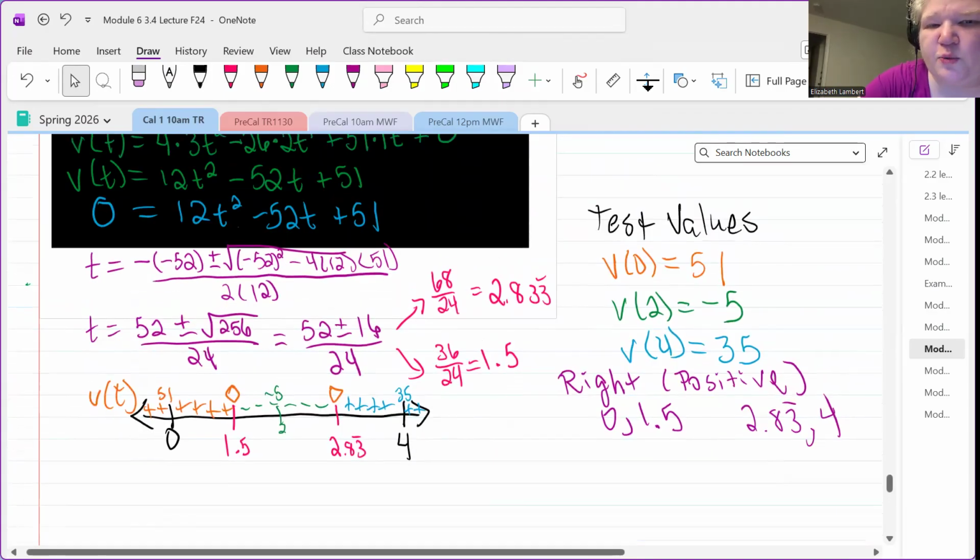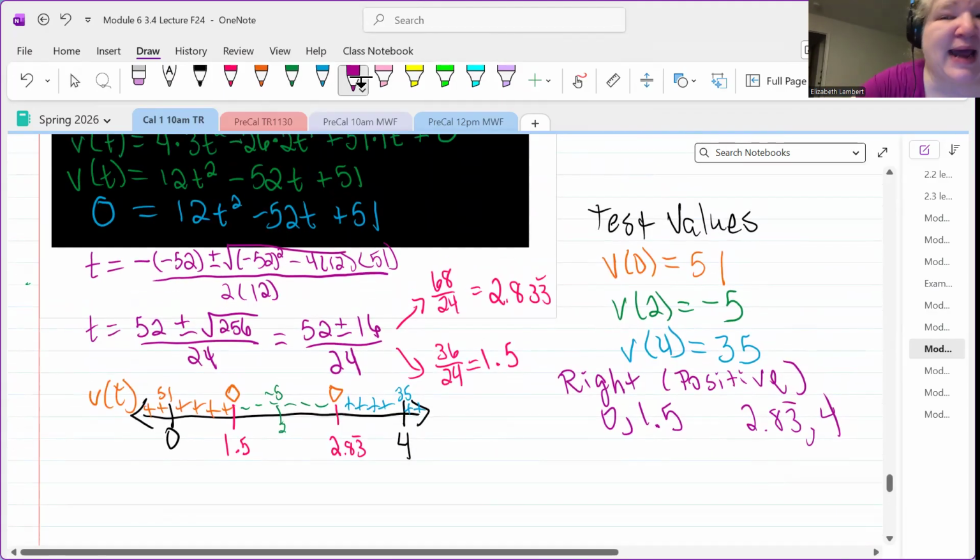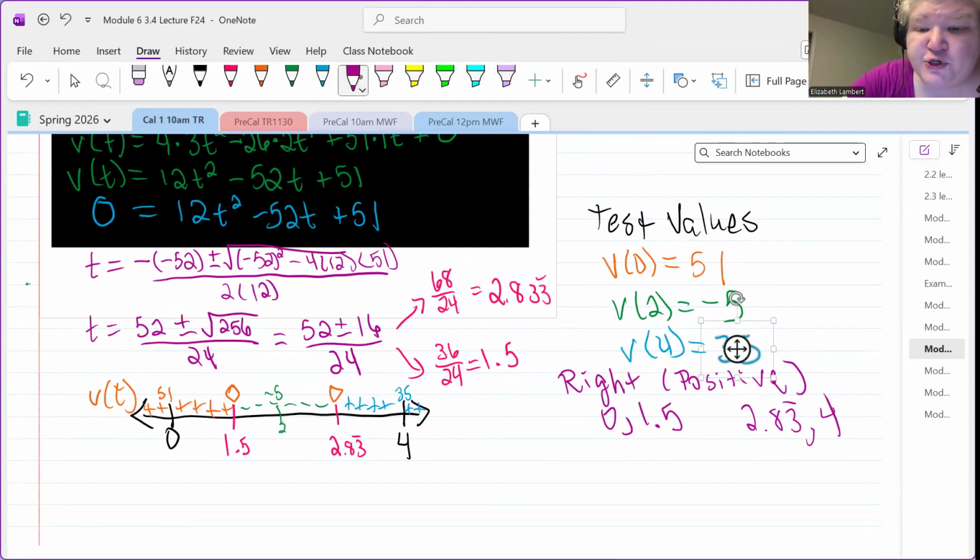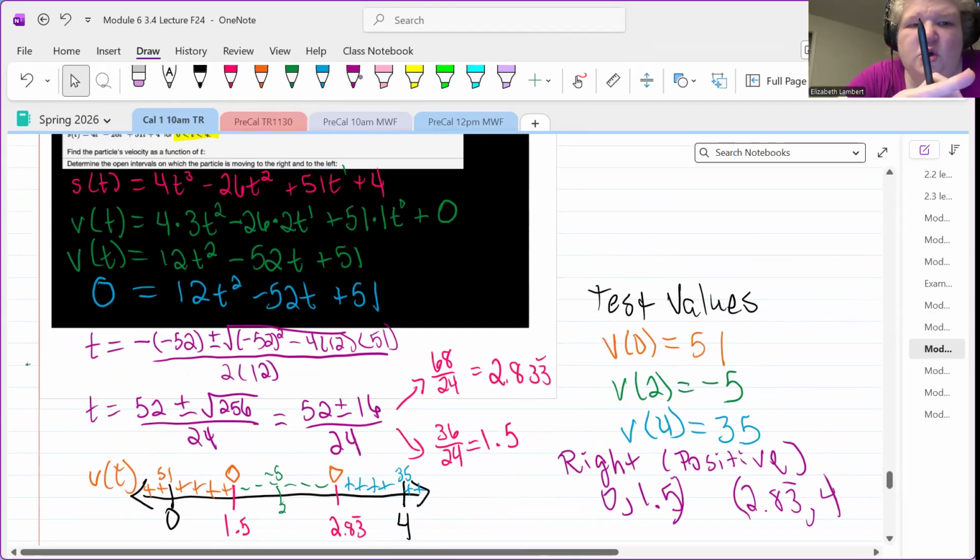Now, they said the open intervals. So what I am not sure is if they want open parentheses everywhere. So I know for sure the 1.5 and the 2.83, those are open parentheses. The 0 and the 4, though, technically at 0, the particle is moving to the right. So we could include 0 in that interval, but the directions said determine the open intervals on which the particle is moving to the right and to the left.